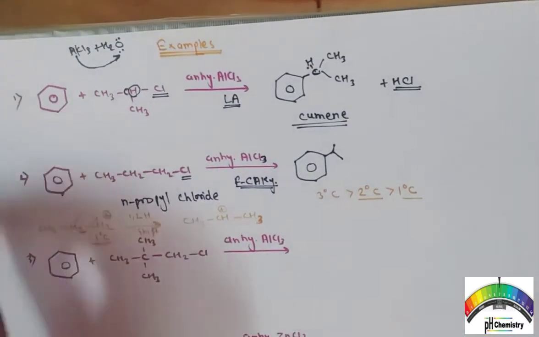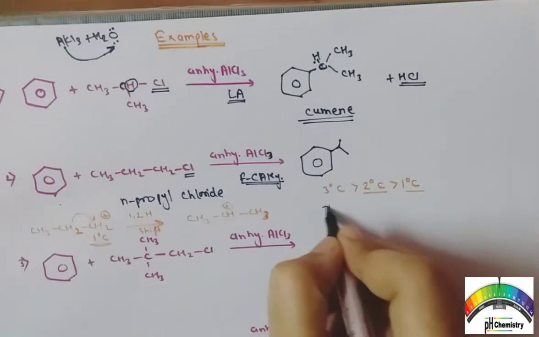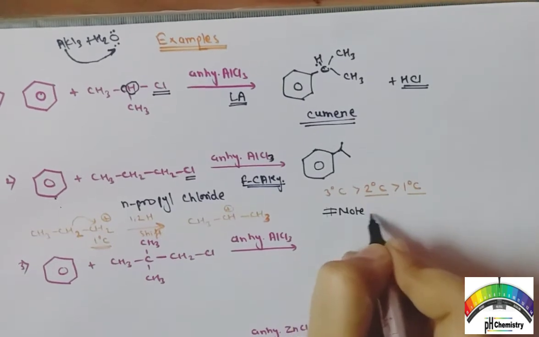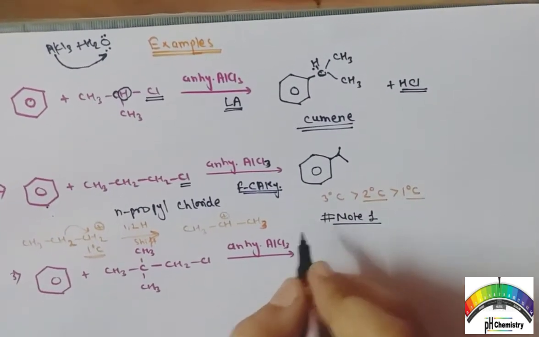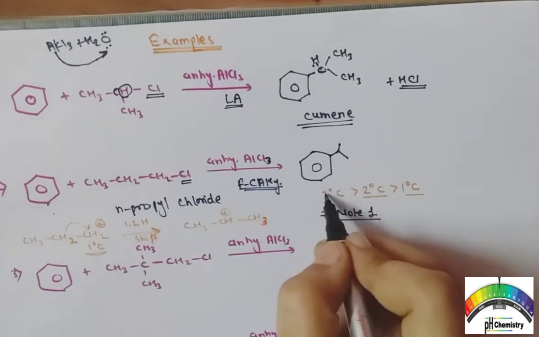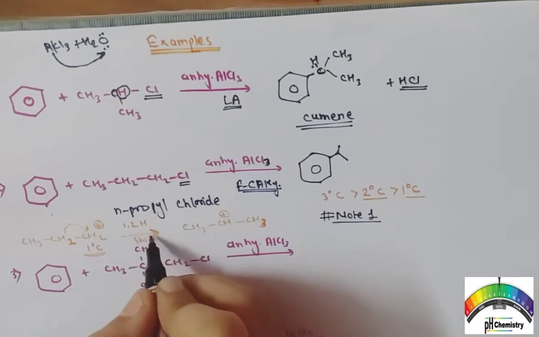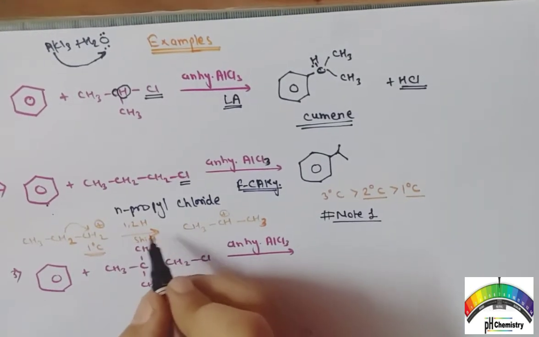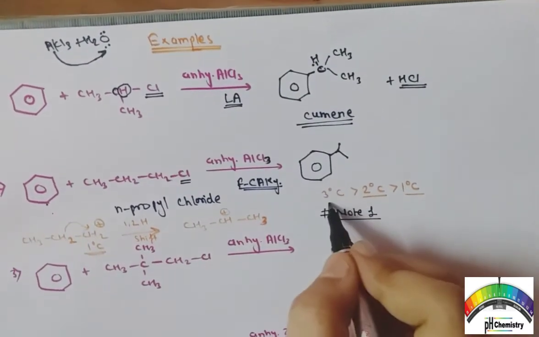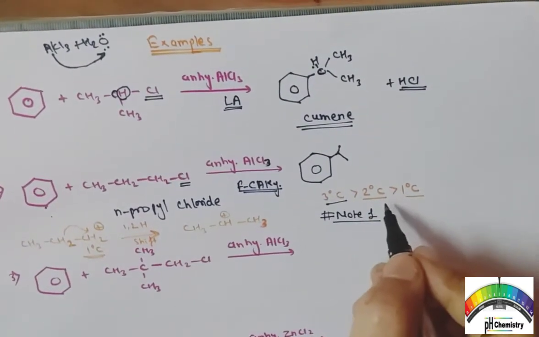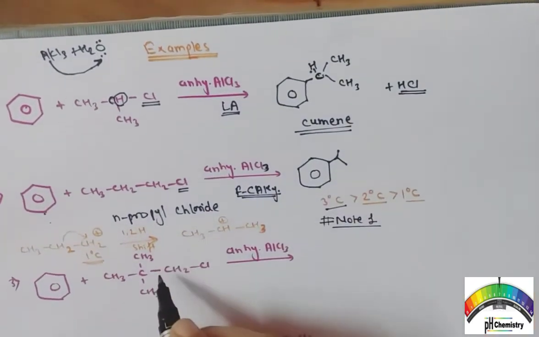So note it down here. This is note number 1. Whenever there is a possibility of the formation of a more stable carbocation by any proton shift or any atom shift or group shift, then the more stable carbocation will form and the product will form with the more stable carbocation.